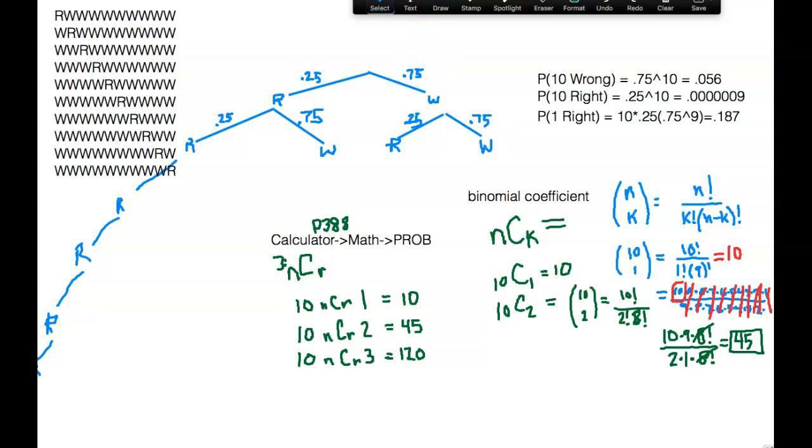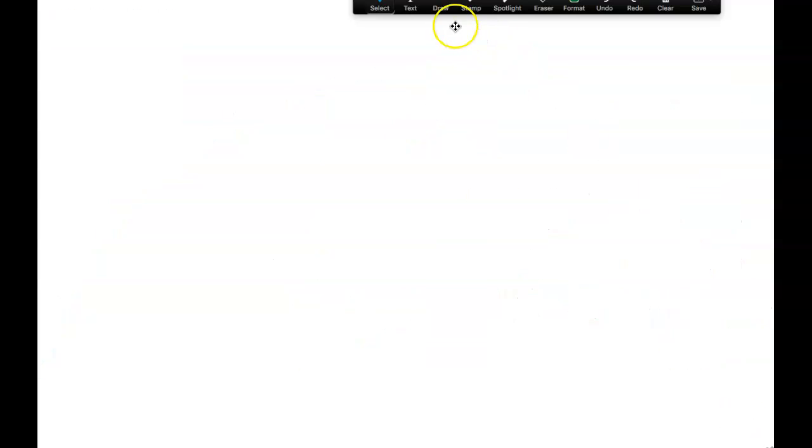Alright, the formula goes like this. Okay, are you ready for the formula? Binomial probability formula, page 388.